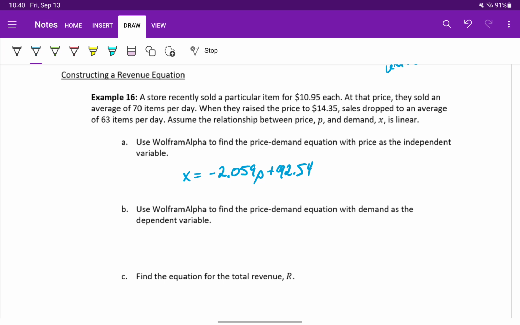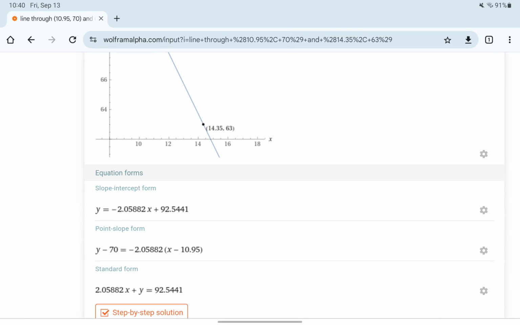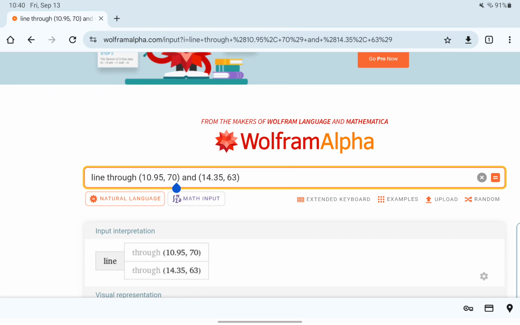In part B, we want to do the same thing, but use demand as the independent variable, meaning we'll just flip these values around. Our first point will be 70, 10.95, and our second point will be 63, 14.35.